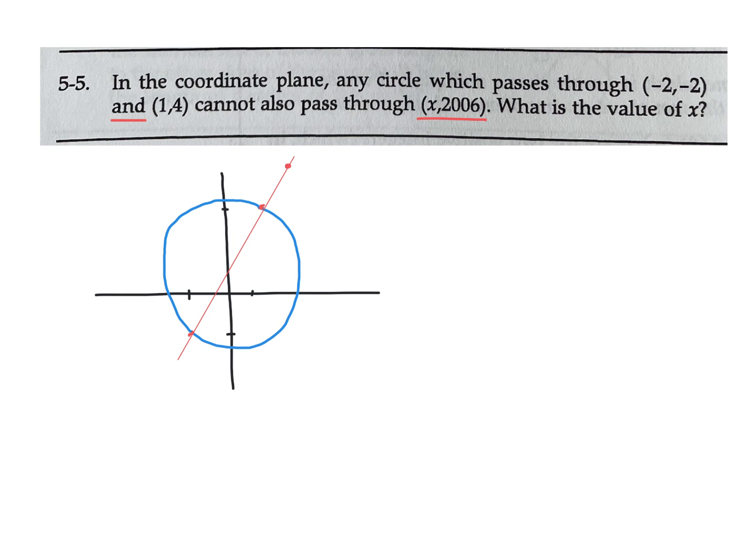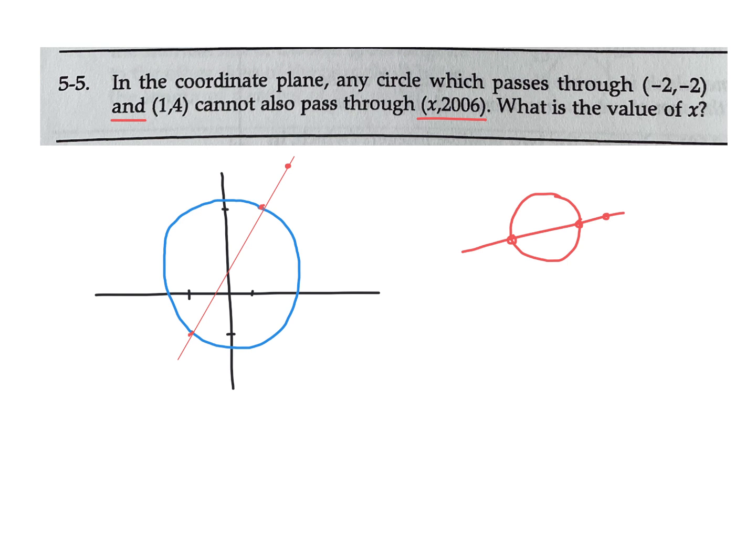Because 3 points on a straight line cannot be on a circle. If you have a circle and you draw a line, a maximum of 2 points on that line can also be on the circle. You cannot have 3 points on the line that would be on the circle. That's impossible. So that's the approach I think we'll use.